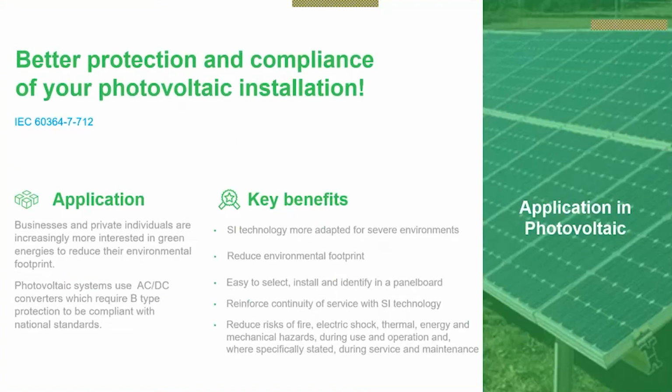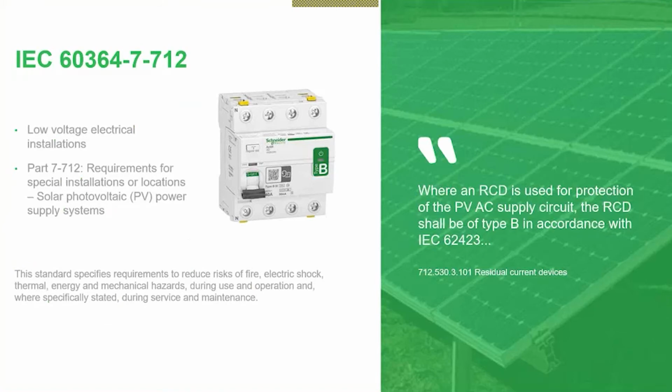Photovoltaic installations, these too have a requirement for Type B RCD protection. Photovoltaic systems use inverters, converters, which require the B-type protection to be compliant with various international standards. Yet again, IEC 60364, requirements for special installations or locations, solar photovoltaic power supply systems.